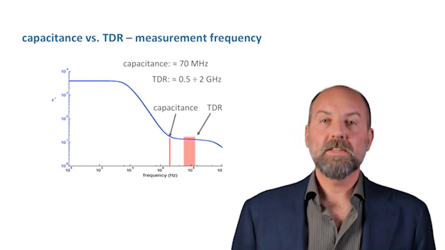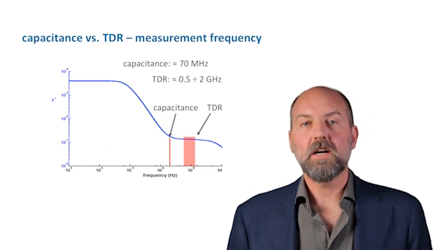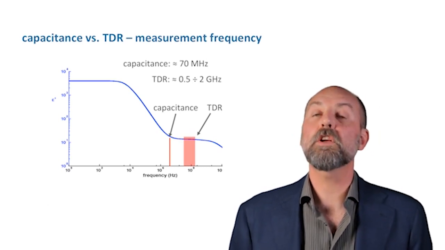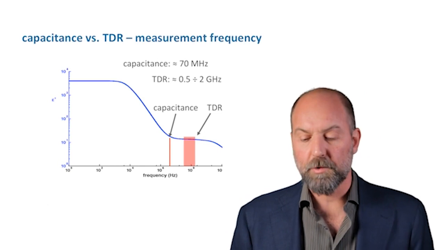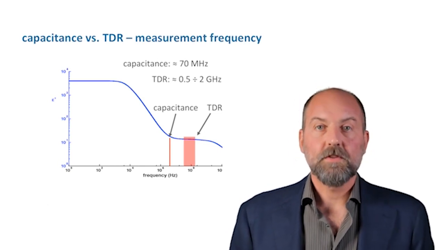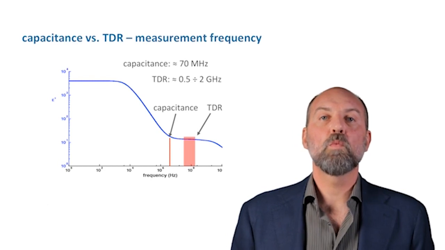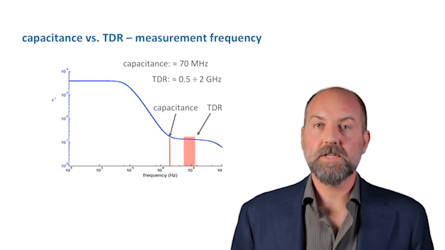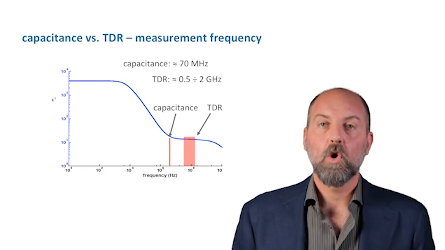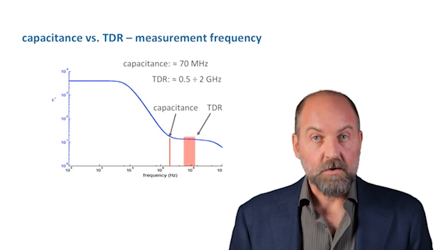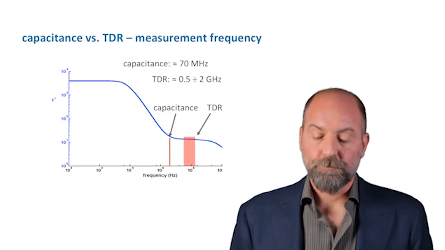So, another fundamental difference between TDR and capacitance technology is represented by the frequency at which these two technologies operate. Now, with capacitance sensors, the frequency is quite precisely determined by the frequency at which the input signal operates, and so is a fixed, well-determined quantity.